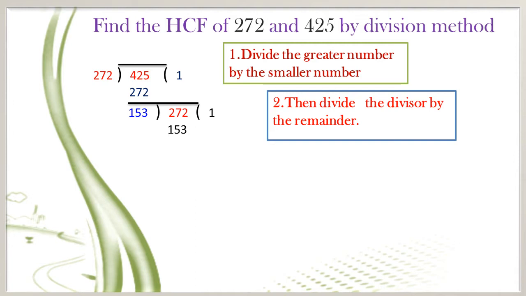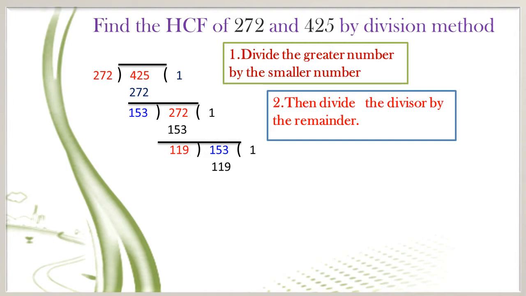So now we are going to find out how many times we have 153 in 272. We have only one time, so we write 153. The remainder is 119. Now the remainder becomes divisor and the divisor becomes dividend. Now we are going to divide 153 by 119.